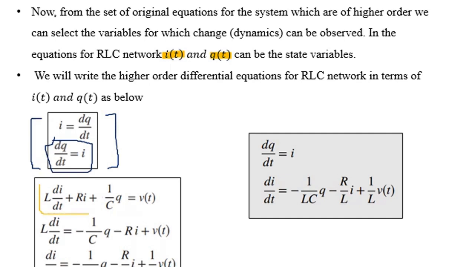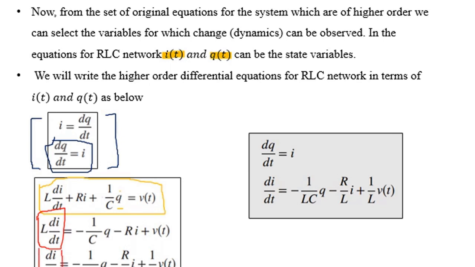Now for the first order differential equation of current, we will use the KVL equation of the circuit. In this equation, the integral of current will be replaced by charge. Then terms involving the derivative of current will be on one side of the equation, and all other terms will be shifted to the other side of the equation.